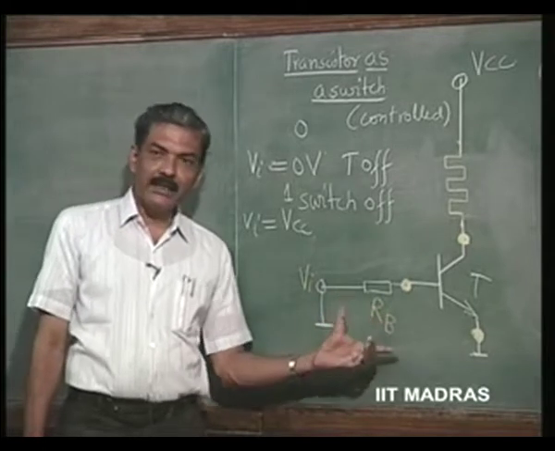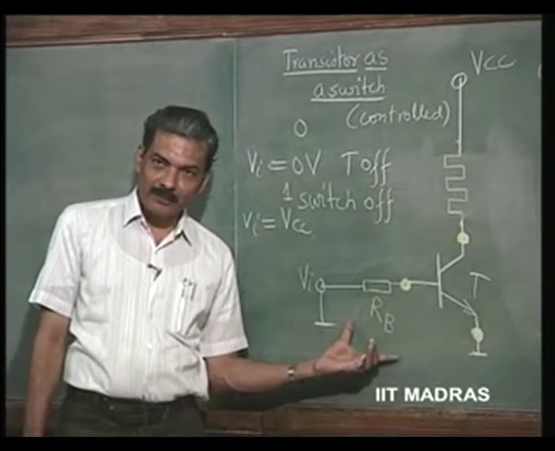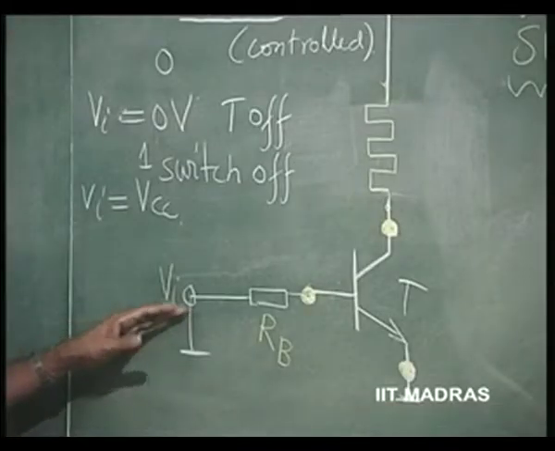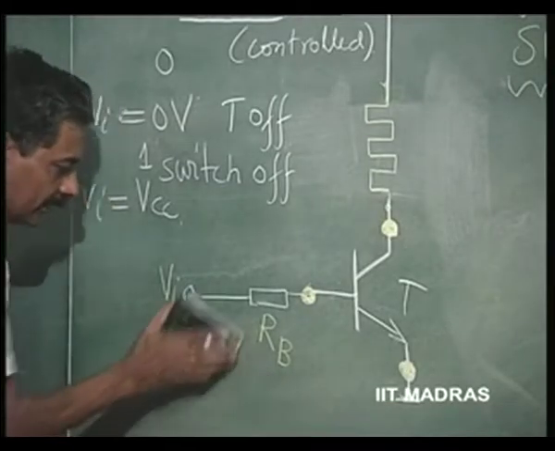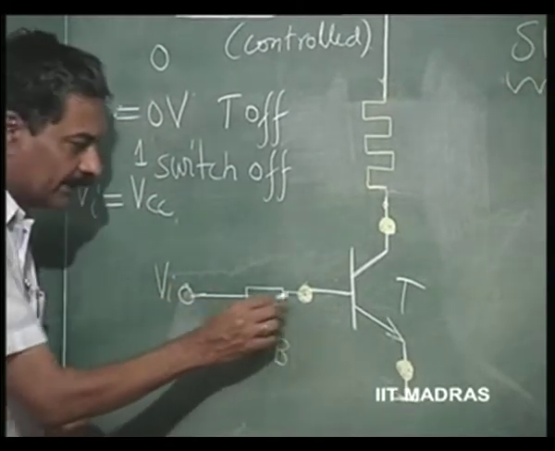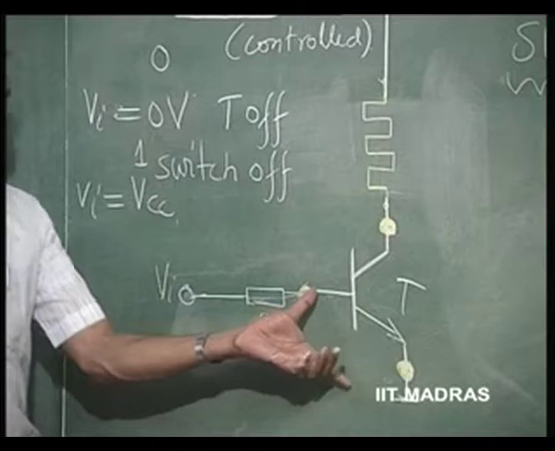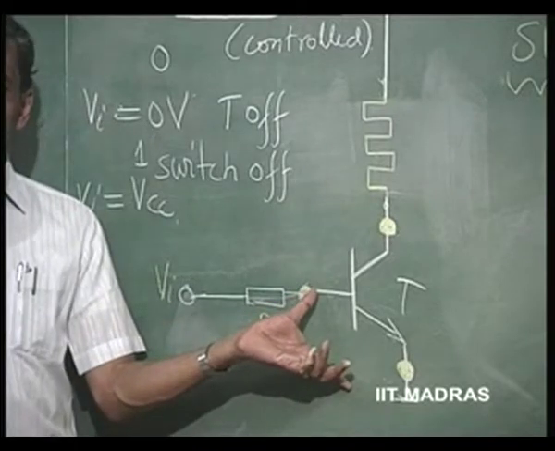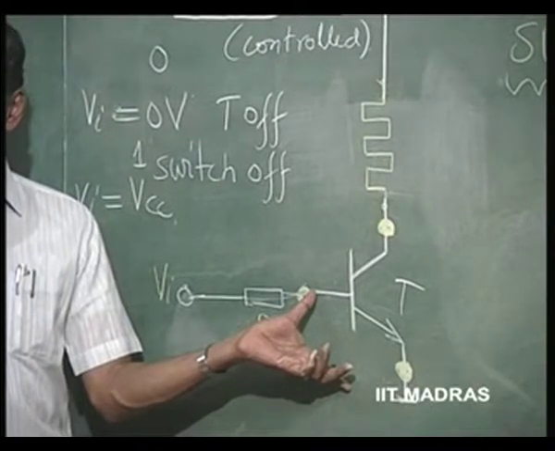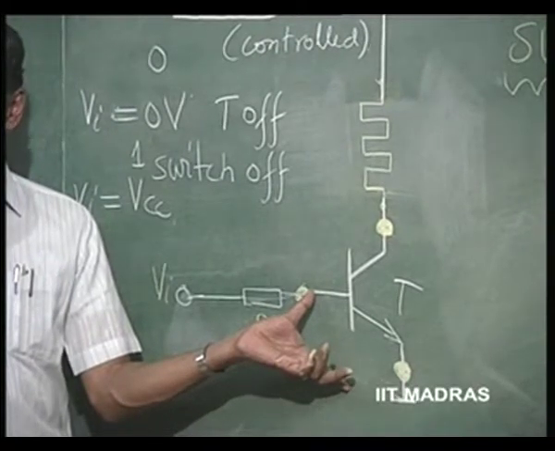Now, you will understand the reason for putting Rb. If I do not have this Rb at all, then when it goes to Vcc, this Vcc will come across the base to emitter junction, and there will be enormous current, because even for 0.5 to 0.6 volts there will be very high current.